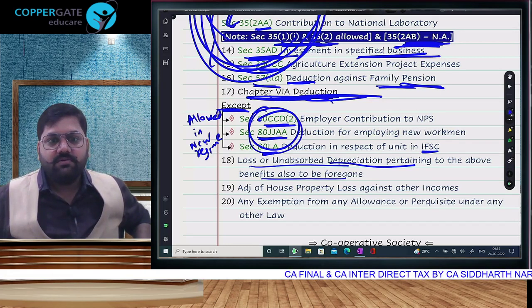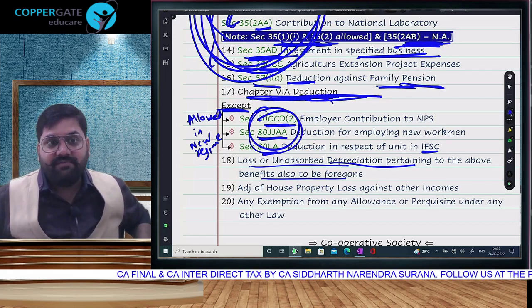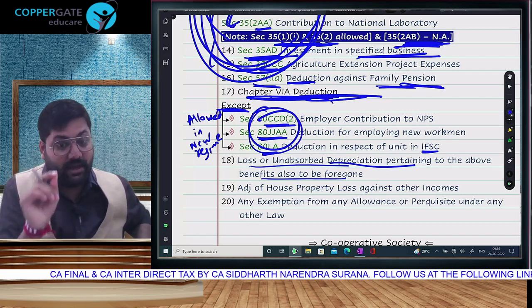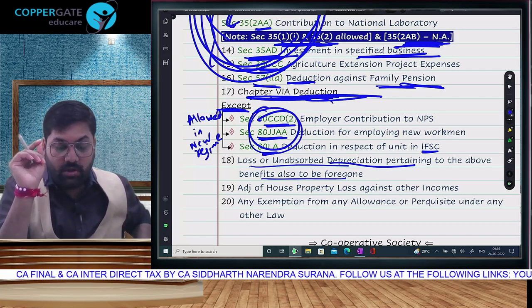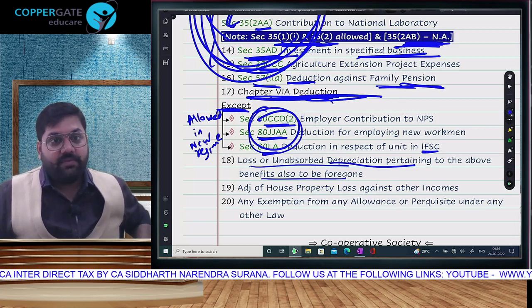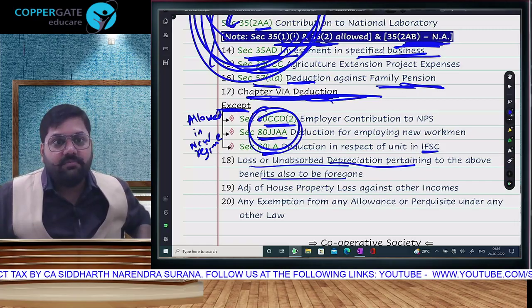Understood? हाँ. Harshit, you are asking about long-term capital gains का जो loss, long-term capital loss. That is not given anywhere here. मतलब whether old regime or new regime, there is no prohibition of capital gains. I would like to repeat. Capital gains के head में there is nothing which is prohibited in the new regime.